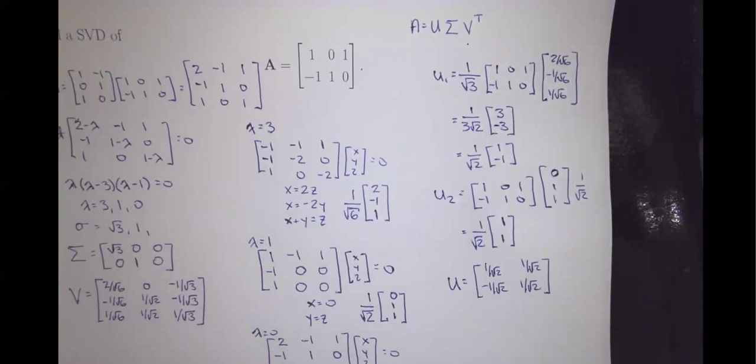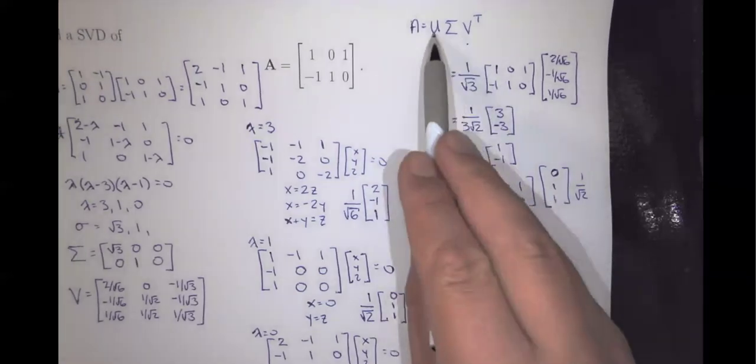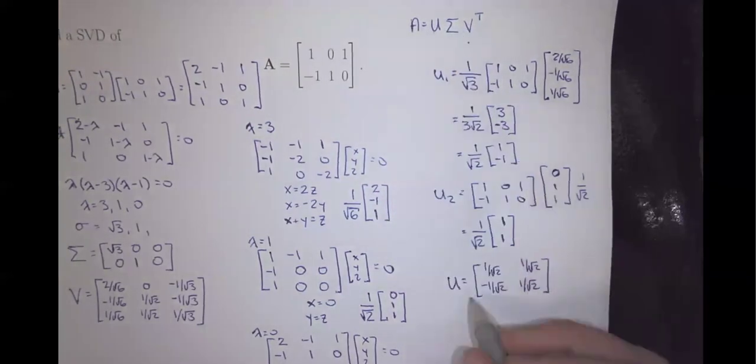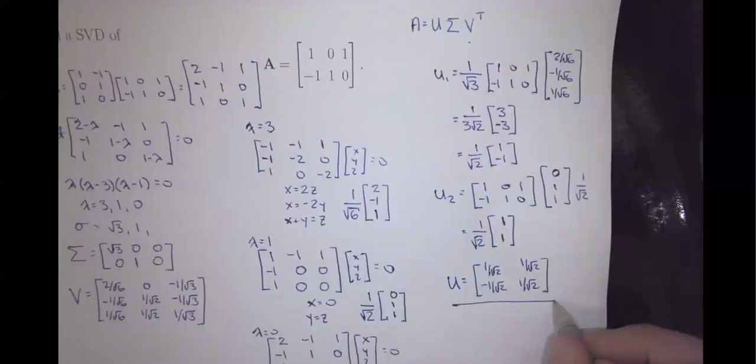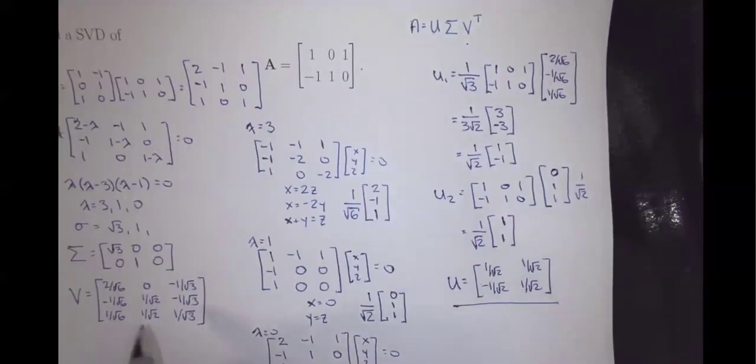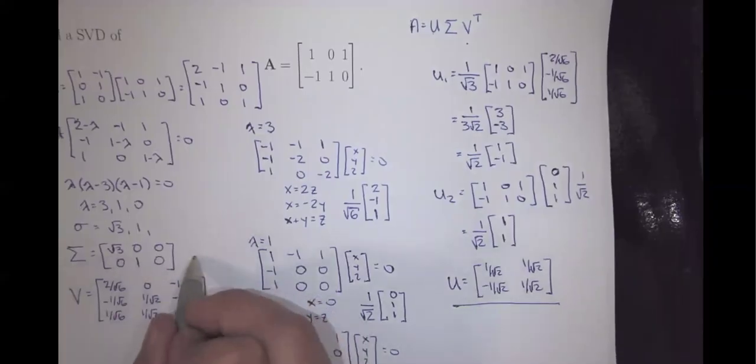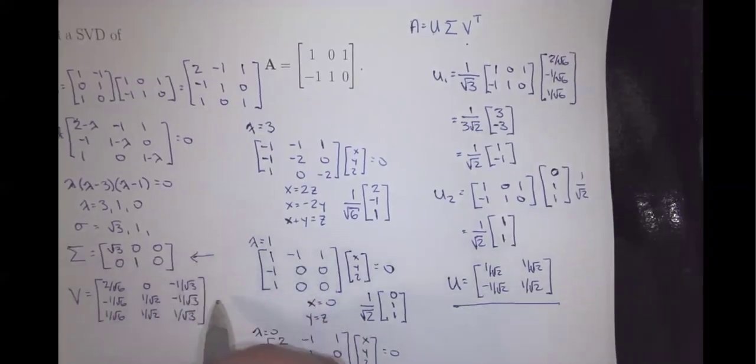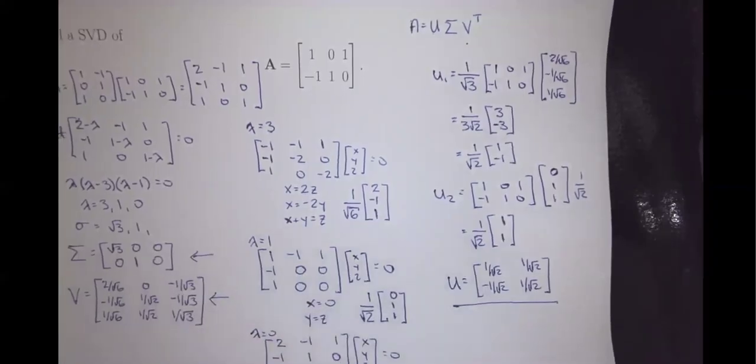And so A is equal to U sigma V transpose, where U is our matrix here, sigma is our matrix here, and V transpose is the transpose of this matrix here.